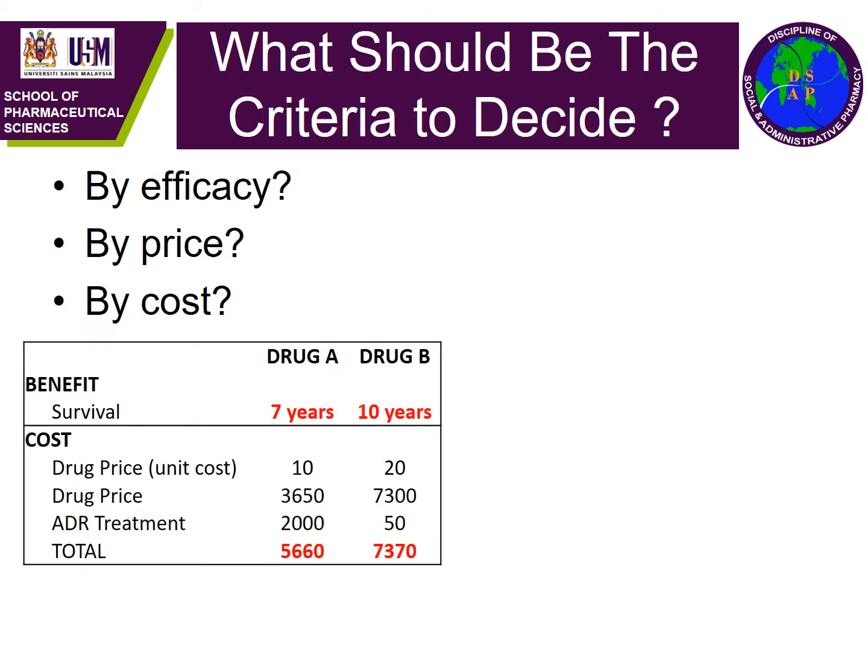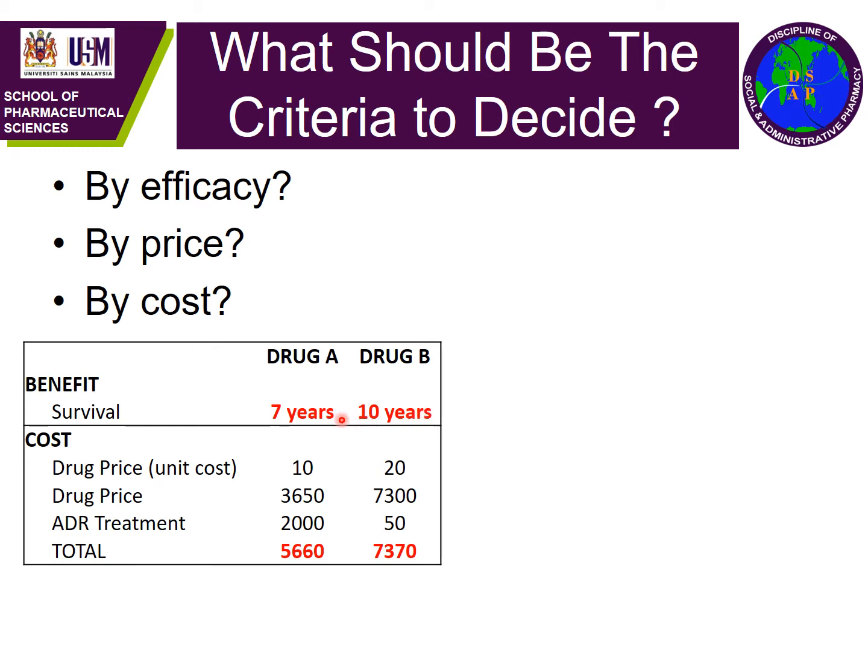So with this, we realize that relying on efficacy alone, price alone, or cost alone is not sufficient for us to make an informed and rational decision. We look here at drug A and B again.